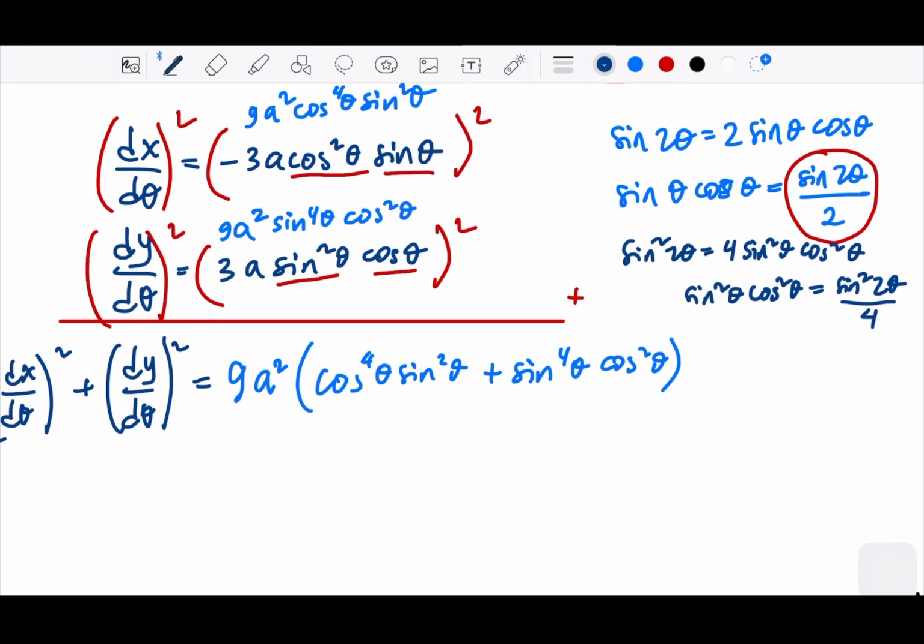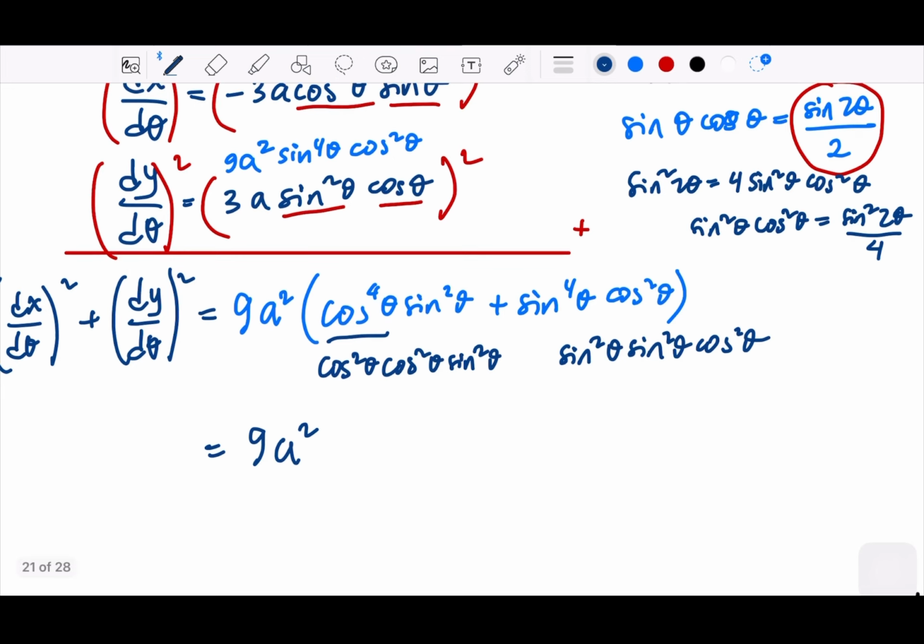Now here we have cos with power 4, so cos squared theta, cos squared theta, sine squared theta, while here it is sine, sine, and cosine. Now we exchange these into the sine squared 2 theta over 4 form.